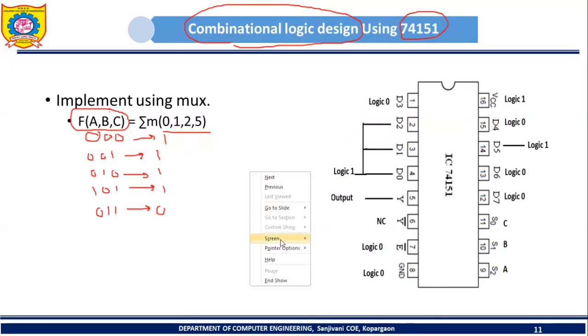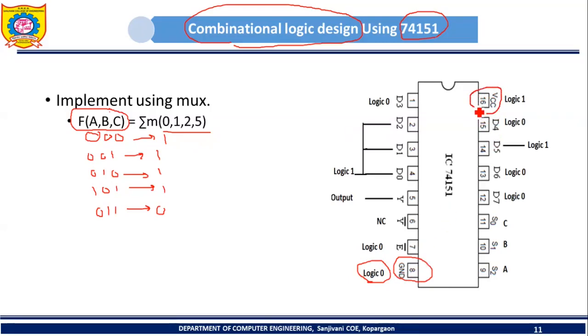Now let's try to understand how the connections are made here. We have already seen the pin diagram of 74151. Pin number 8 should be connected to logic 0, because pin number 8 acts as ground. Similarly, pin number 16 acts as VCC, so it should be connected to logic 1.